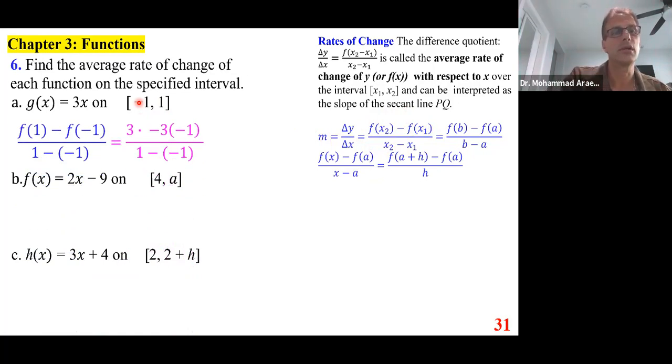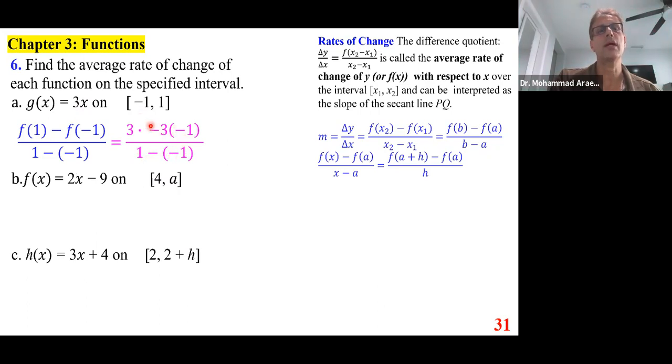Therefore, f of 1, replace it with 1, you get 3, okay, minus 3 times negative 1, denominator 1 minus negative 1.